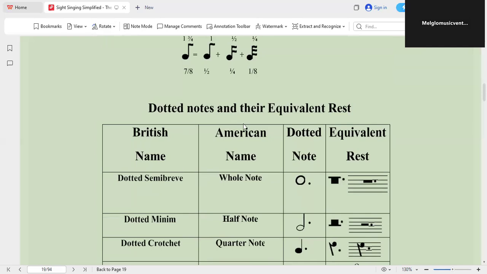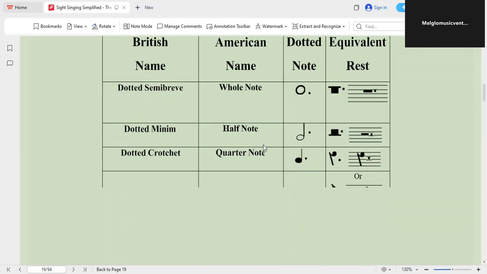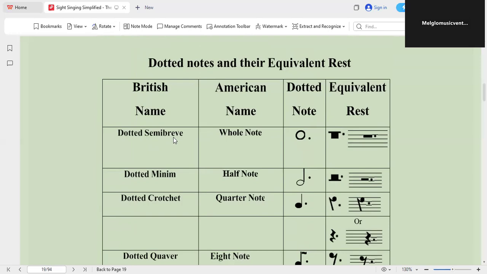Then we have dotted notes and their equivalent rests. So this is dotted semi-brief, dotted whole notes. This is the symbol, and the rest also has a dot.